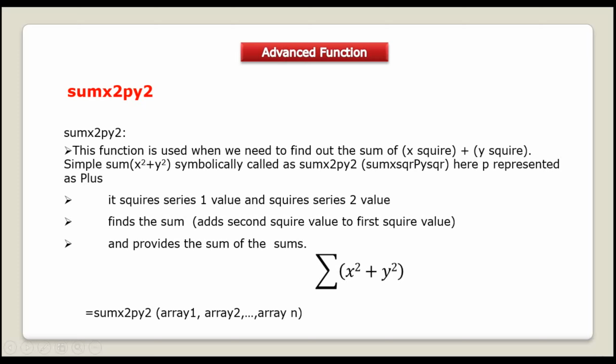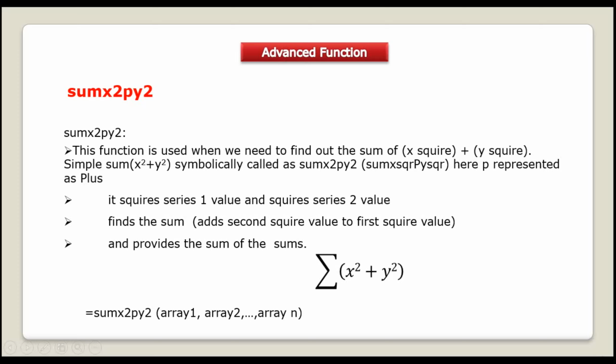Here the p represents plus. In this function, both series 1 and series 2 are required. Series 1 is the x and series 2 is the y. Then it finds the x squares and y squares, then adds them, symbolically called sigma of x square plus y square.